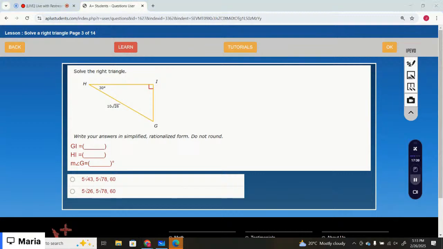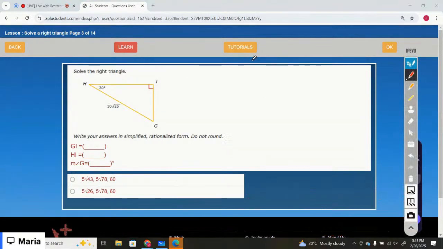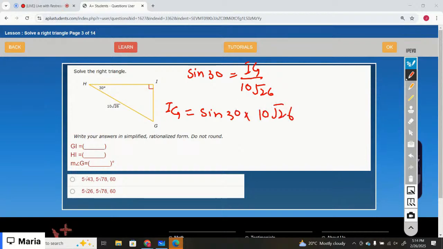Solve the right triangle. Sine 30 equals IG divided by 10 square root 26. IG equals sine 30 times 10 square root 26. Sine 30 equals 1 by 2.